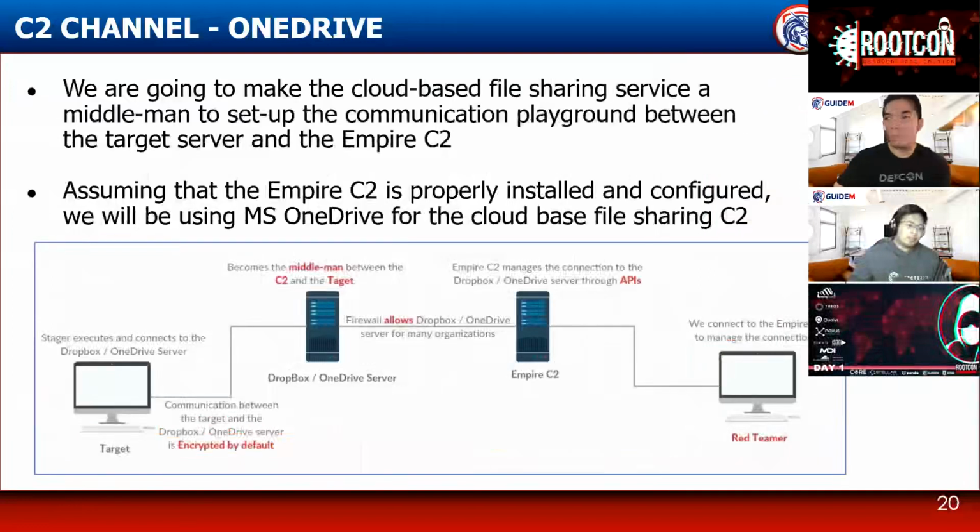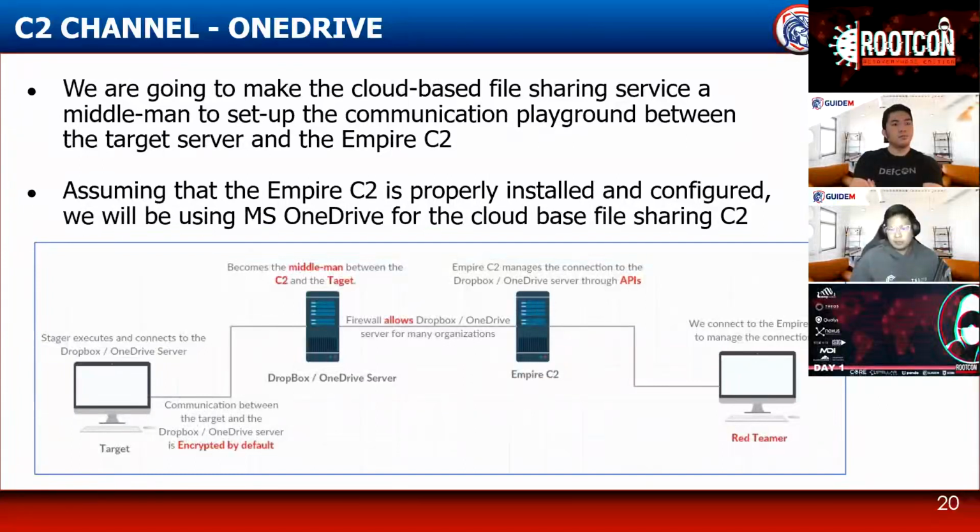So here we have an example of OneDrive being used as a command and control channel using Empire. This is a typical example wherein the target, depending on the delivery, most probably receives it via email.